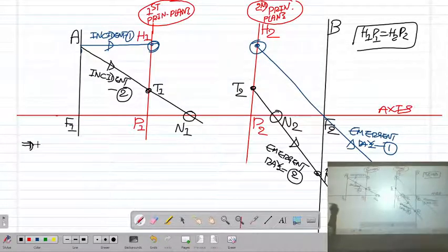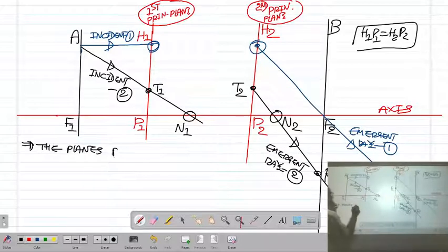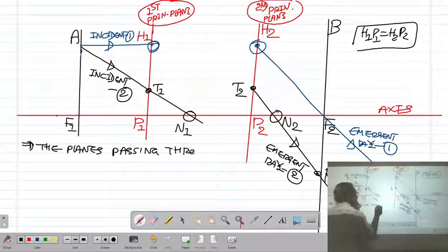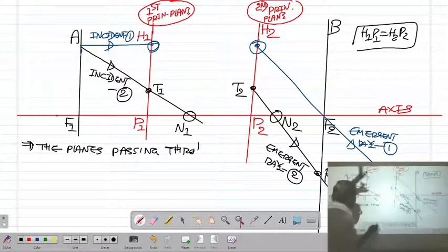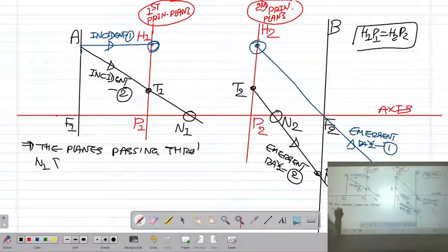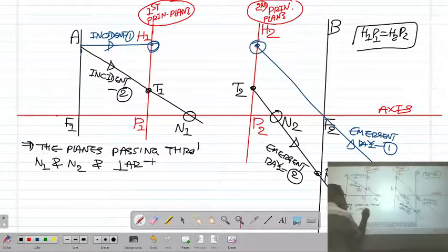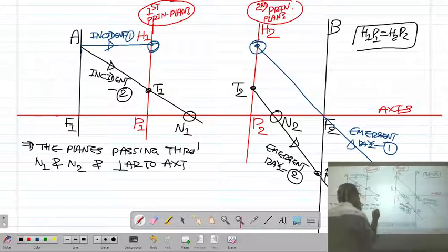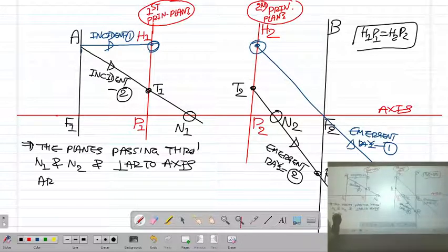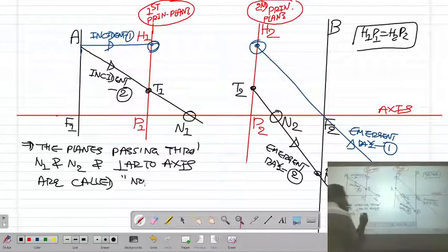The planes passing through N1 and N2 and perpendicular to the axis are called nodal planes.